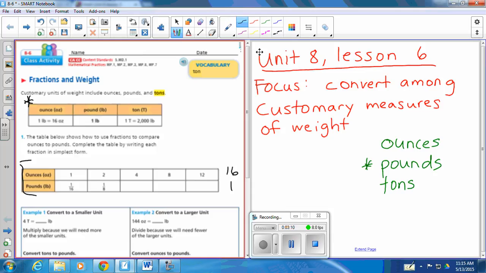From there, we can use our knowledge of equivalent fractions. The next one would be 2 out of 16 ounces, which would simplify to 1/8. What would 4 be?